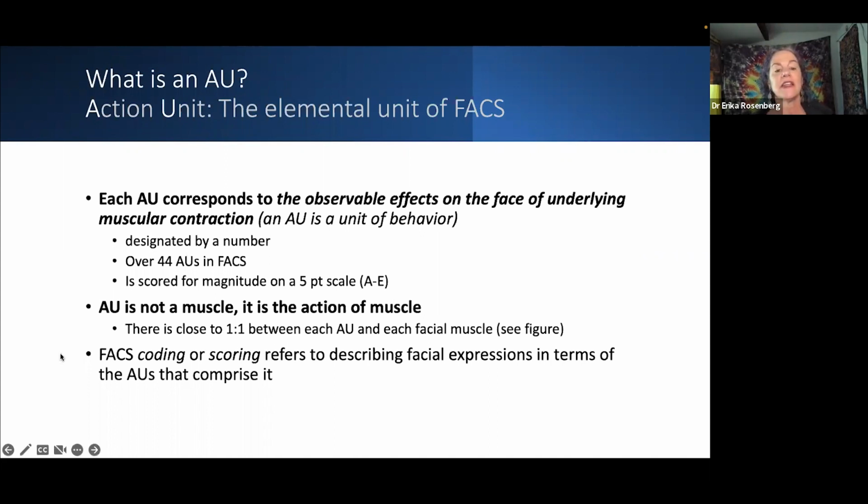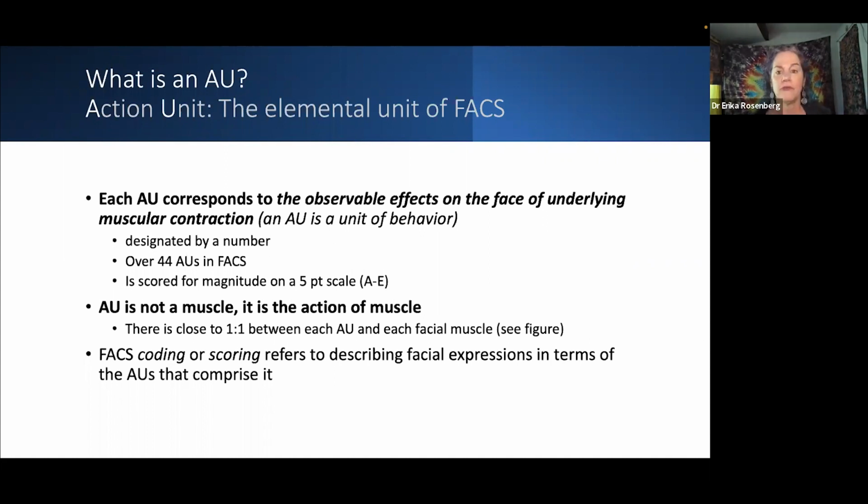One other thing to say is that each AU is designated by a number that's fairly arbitrary, although I should give a little hat tip to a Scandinavian researcher from the mid-20th century, Hjortsjö, who was one of the first who suggested numbering the musculature for behavioral analysis. Ekman and Friesen really expanded that and developed it much further in FACS.